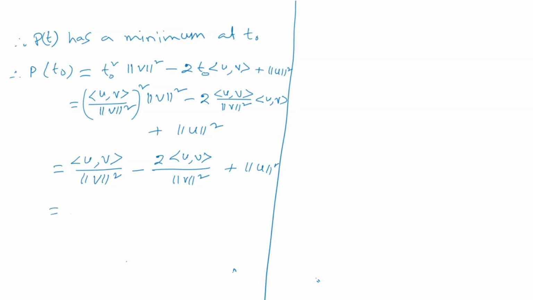If you simplify this, it becomes minus ⟨U, V⟩ whole square over norm of V whole square plus norm of U whole square.